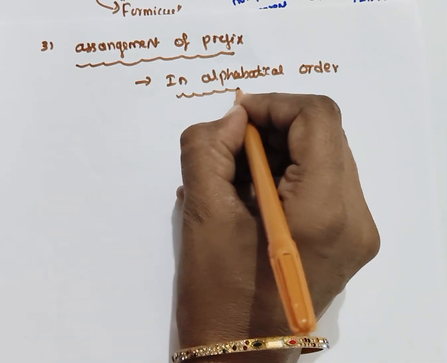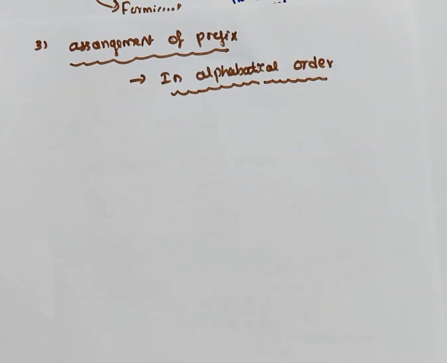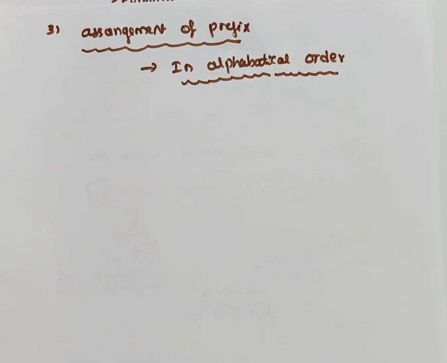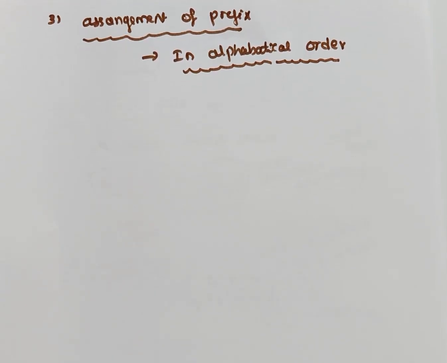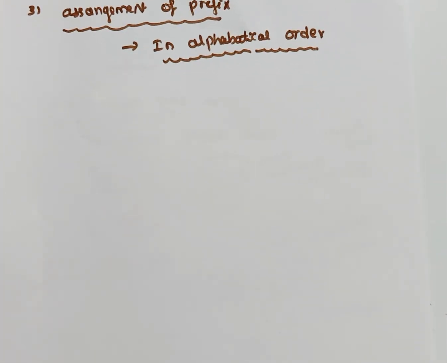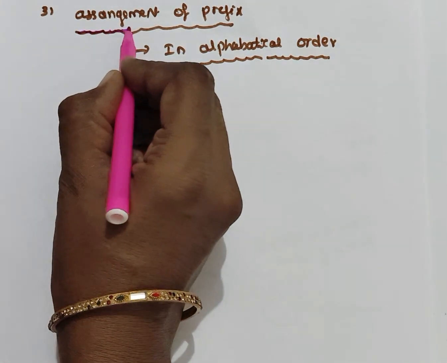These are some basic rules for naming organic compounds. As I mentioned earlier, nomenclature is a complex concept, so now we are moving towards the basic rules. If we have command of the basics, we can easily name the given organic compound. Yes or no? Yes, sir.